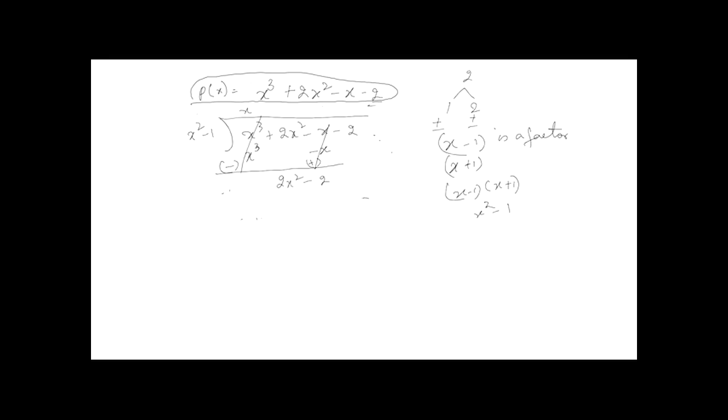Now what should I take here? Plus 2, ma'am. Plus 2. Very good. 2x squared minus 2. Am I right? Yes, ma'am. So minus plus, the remainder is 0.